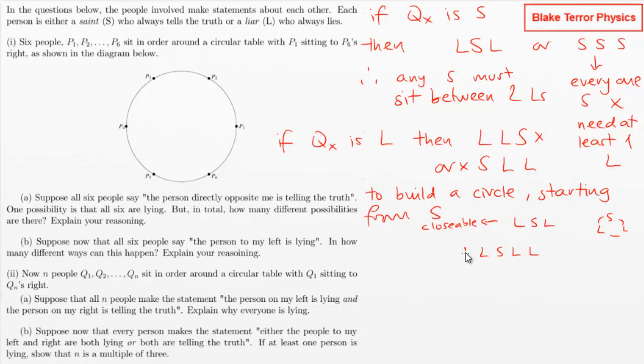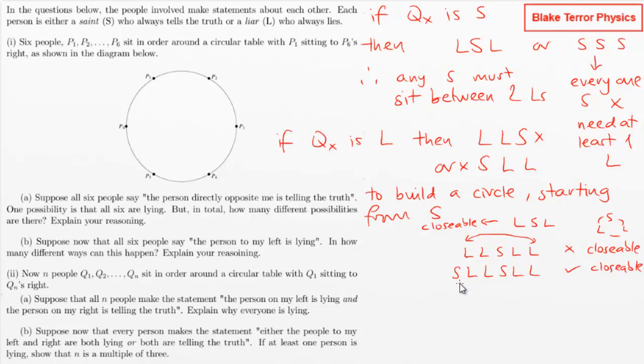It's not a loop, because you can't have an L between two L's, which is what we'd have if we joined up these ends. So what do we do next then? We would put an S at one end, SLL, SLL. That is closable.